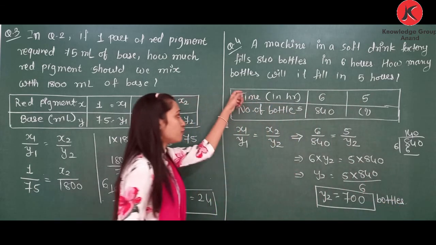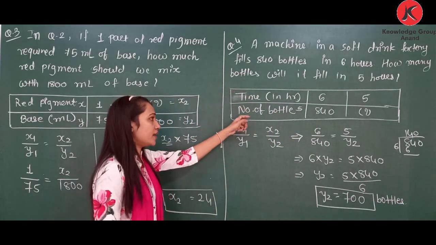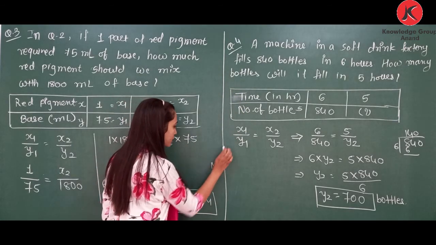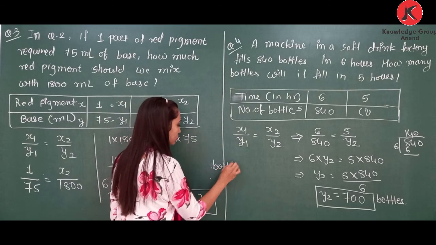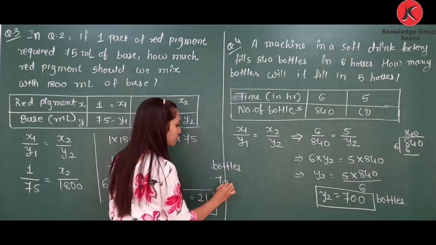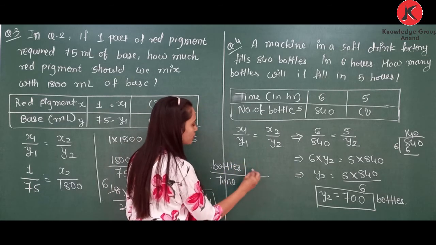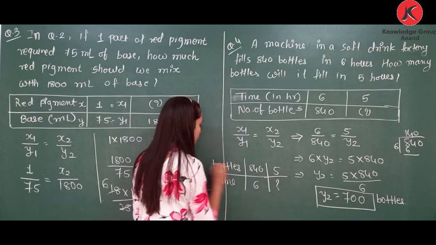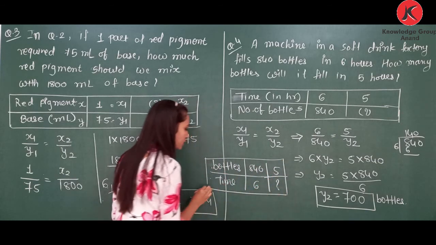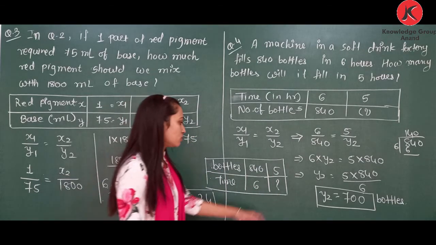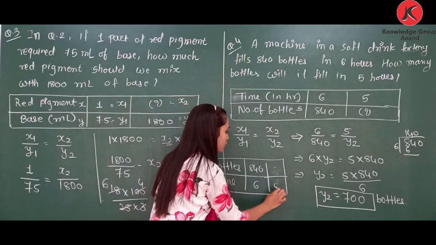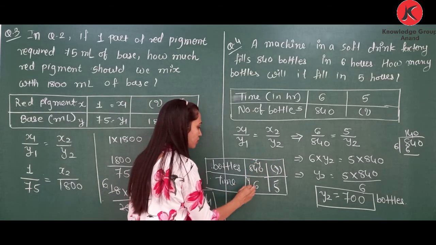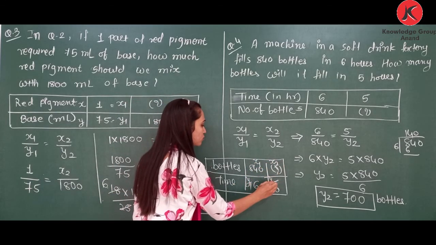Now instead of time as x and number of bottles as y, if you write number of bottles and time, and the values will be 840, 6, 5. If you make this kind of table, then also you will get the same answer. It is 5 and how many? So this will be our x1, y1, this will be our x2, y2.